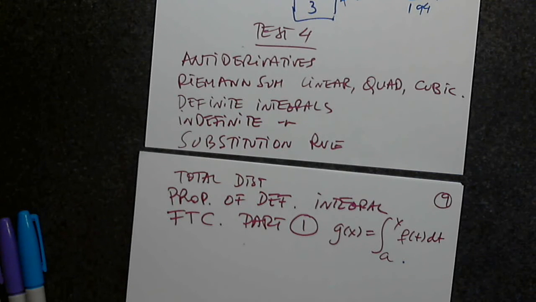There is nothing else. These are all topics for this test. So properties of definite integrals. We had a couple of examples in which we were asked to show that a certain inequality holds without determining anything.